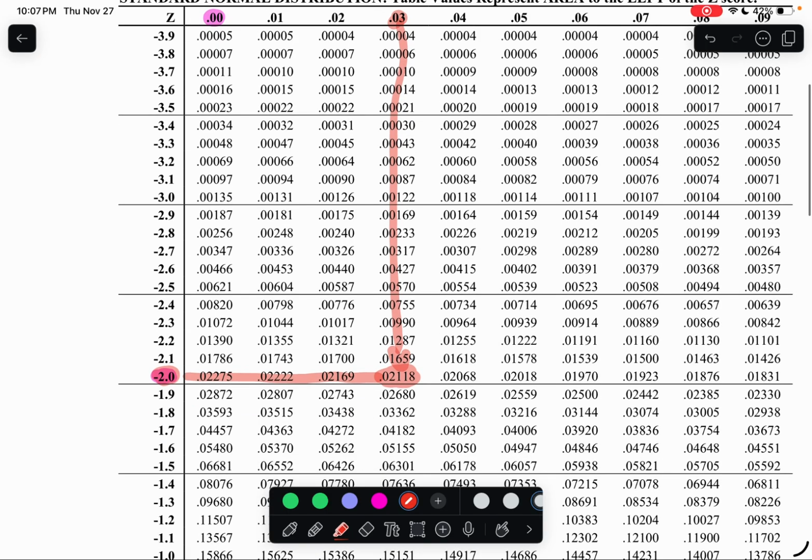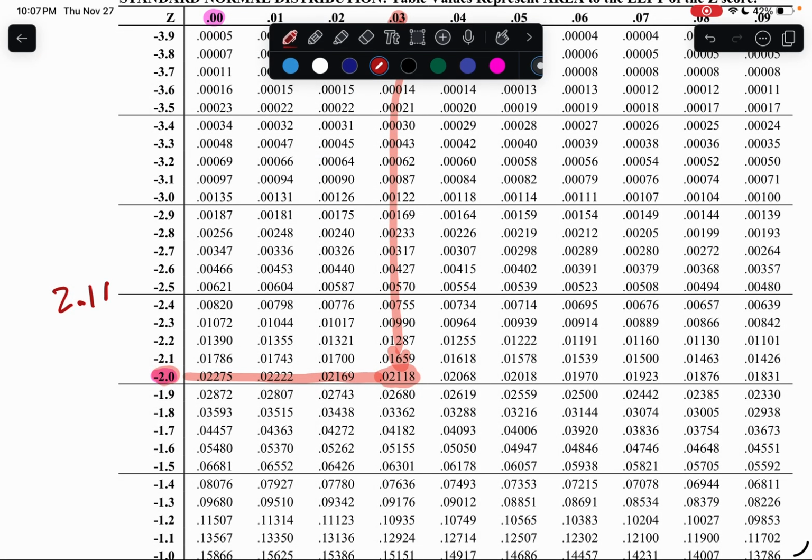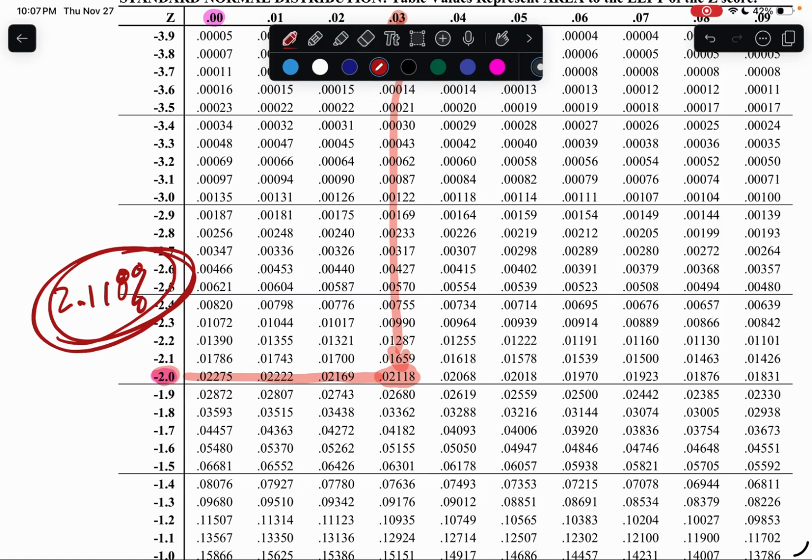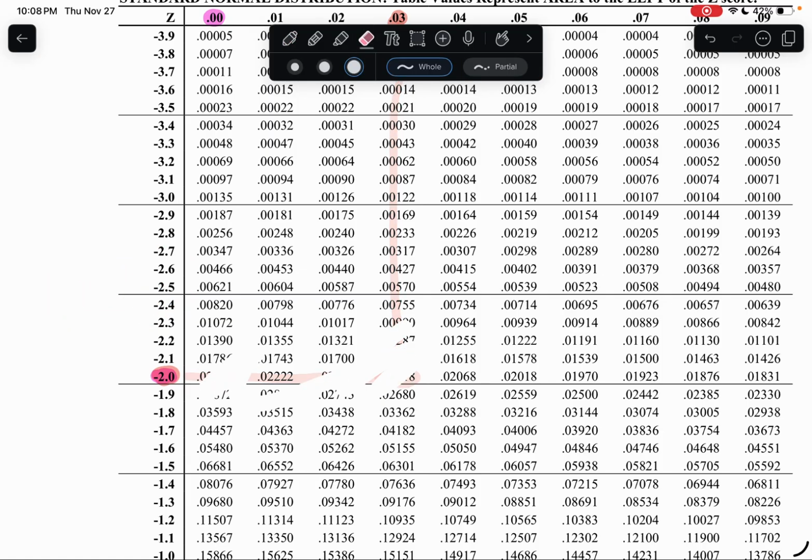So what does this mean? It means that there is how many percent is that? 2.118%, or that is the area of your normal curve. But now what we computed is 2.0, right?